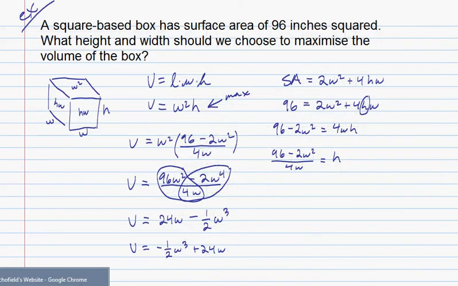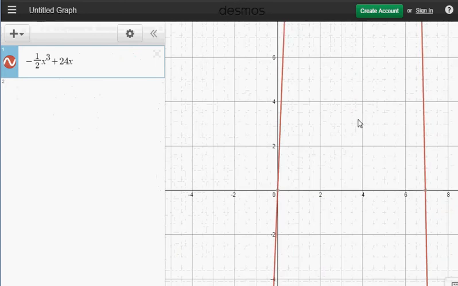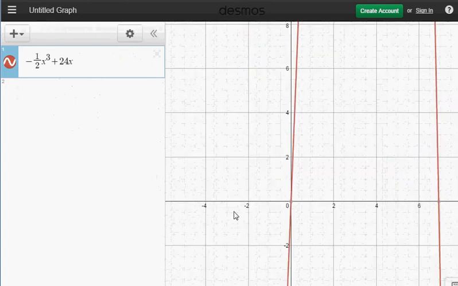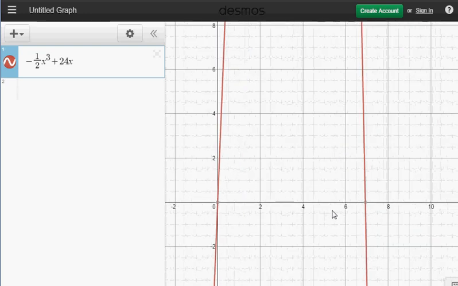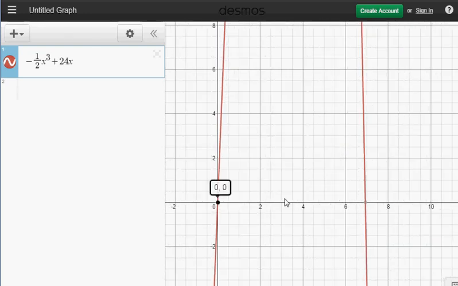Yes. Alright, and our job here is to find the maximum. Now again, it doesn't make sense to have negative x's. We are only thinking about positive. And so between 0 and 6.928, we should have a maximum.